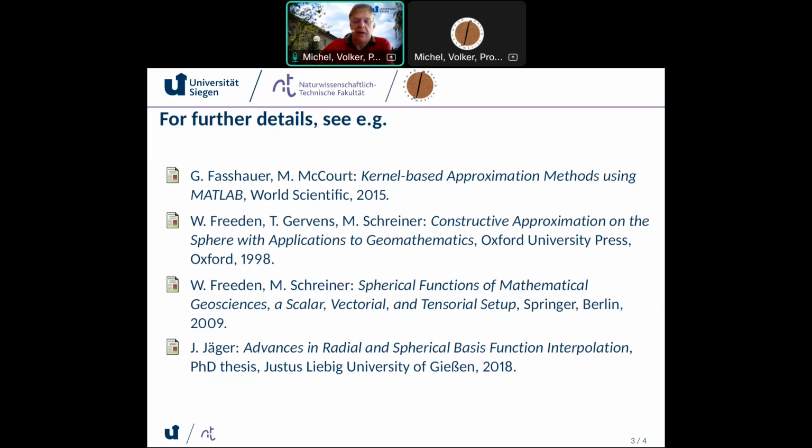And you will also find a lot about these reproducing kernels, about the zonal functions, how you can use them as splines and wavelets on the sphere. There is another book by Fasshauer and McCourt on kernel-based approximation methods, where you also find something about how you can use it in MATLAB. This is not only done for the sphere, it's a general theory on such kernels, not only on the sphere.